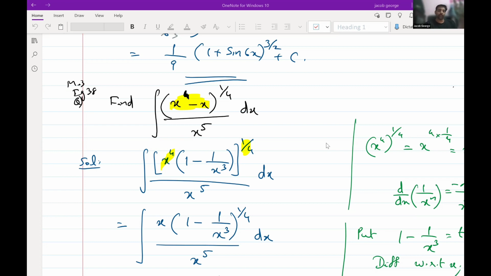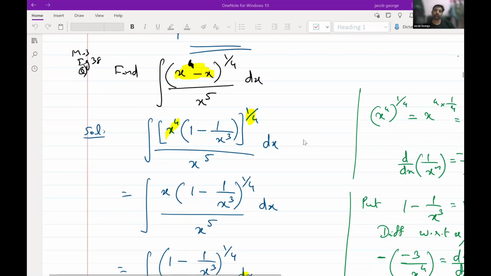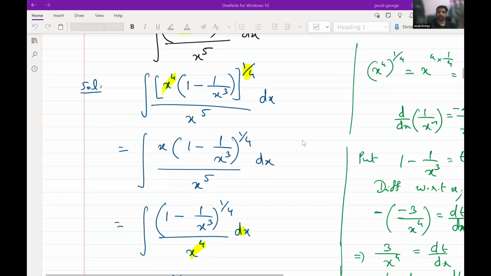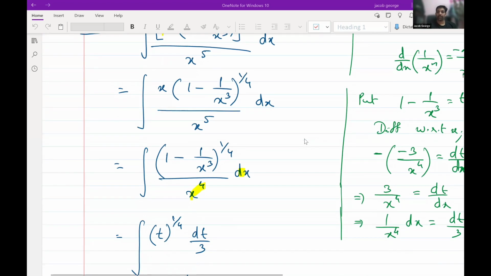Now, x raised to 4, the whole raised to 1 by 4 is x. Then 1 minus 1 by x cube, the whole raised to 1 by 4 upon x raised to 5 dx. We can cut x and x raised to 5. We get x raised to 4 in the denominator.